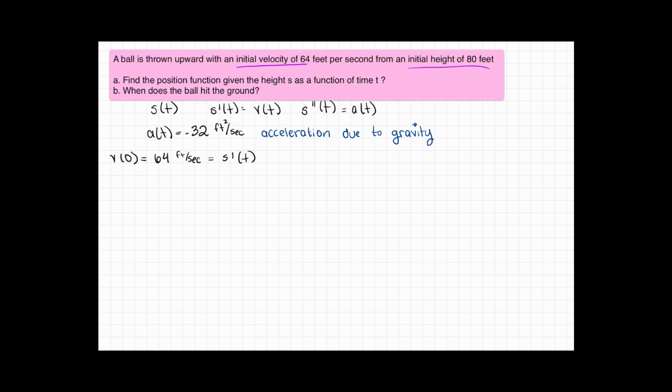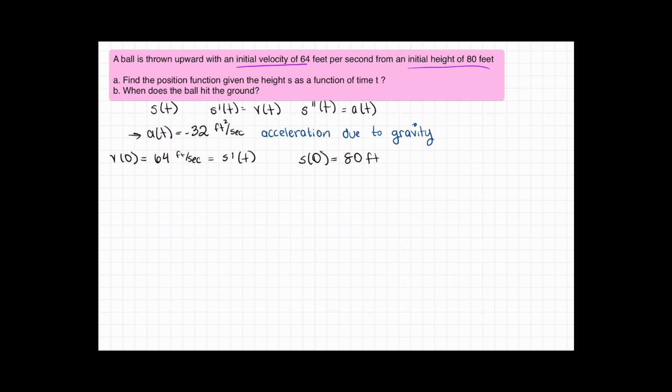Furthermore, we have the initial height to be 80 feet. So the height at time 0, s of 0, is 80 feet. And importantly, we know the acceleration already.